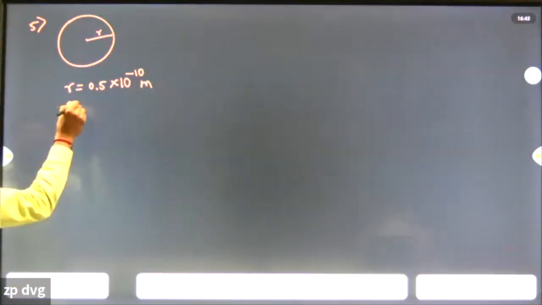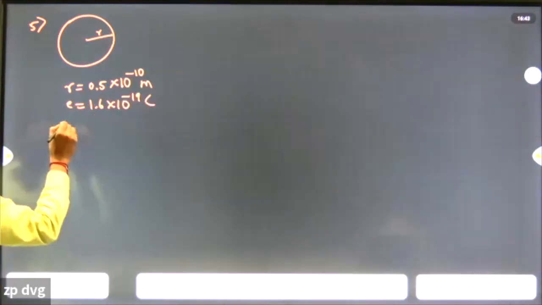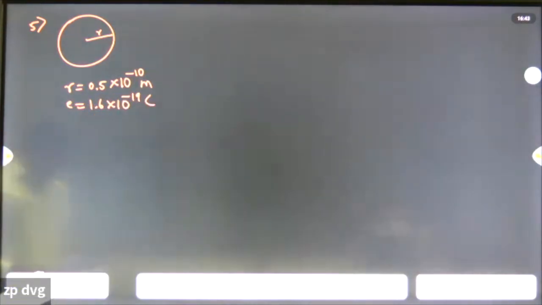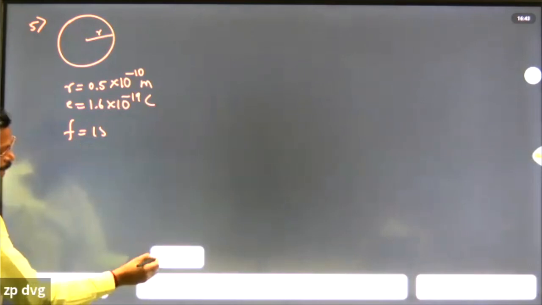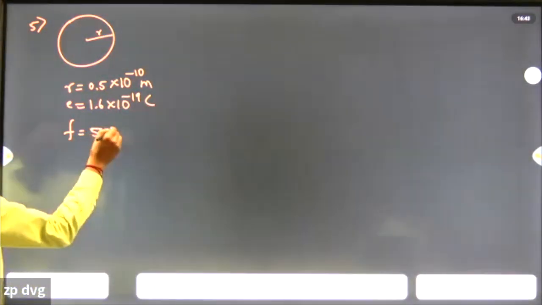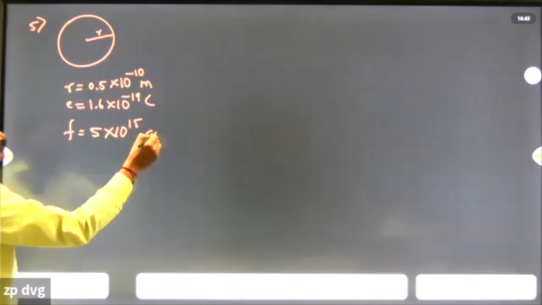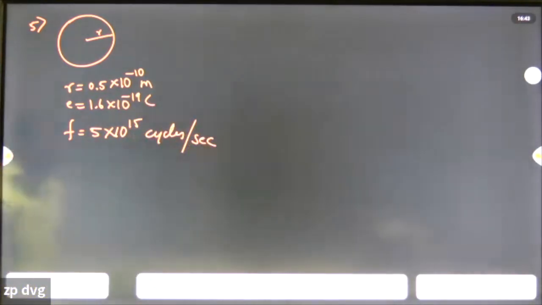The charge of the electron, as you know, is 1.6 into 10 power minus 19 coulomb, and the frequency f with which the electron is revolving is given as 5 into 10 power 15 cycles per second. Now what is the value of current?